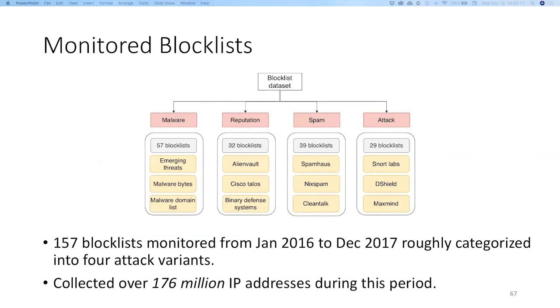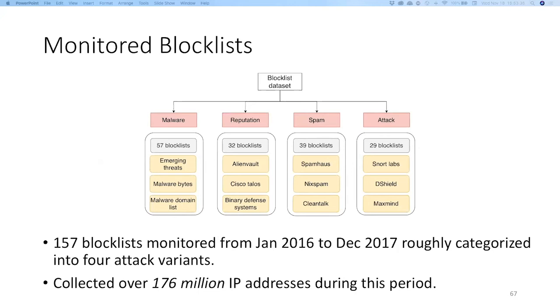So we monitored about 157 block lists from the duration of Jan 2016 to December 2017. These block lists covered different attack types, and we have broadly categorized them into 4 categories: malware, reputation, spam, and attack. Malware block lists list IP addresses that host malware.